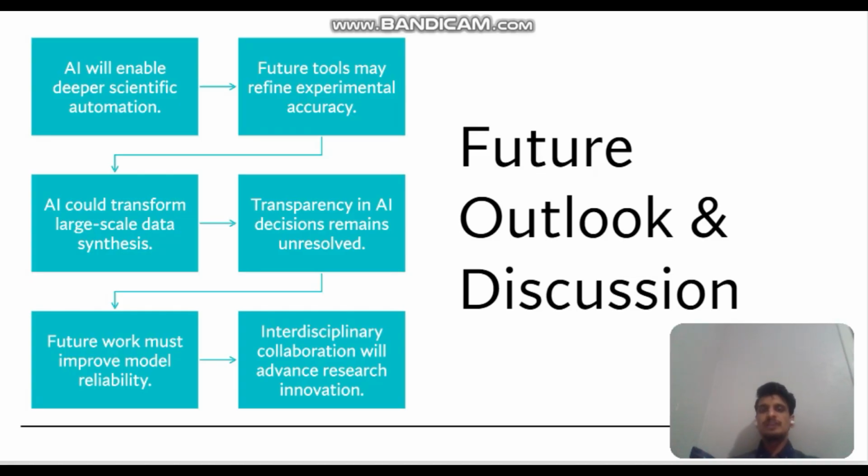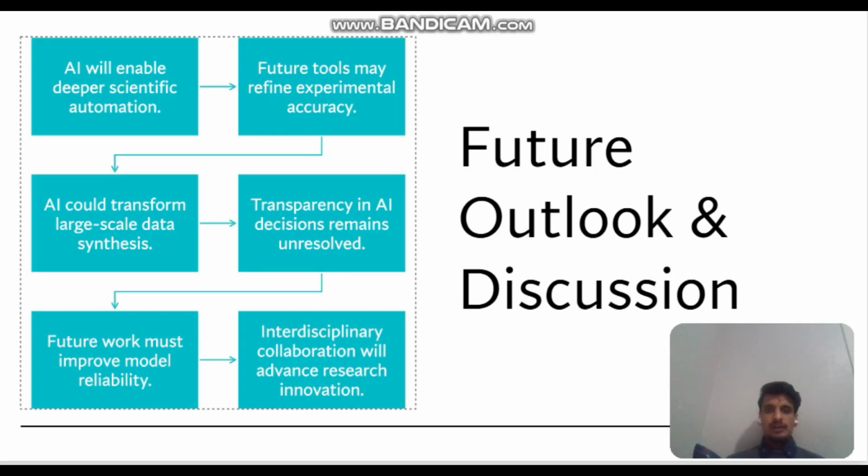Future tools may refine experimental accuracy. Maybe in the future AI won't make any mistakes. Mostly it doesn't make mistakes nowadays, but maybe in the future AI can make even fewer mistakes and complete more work with more perfection.